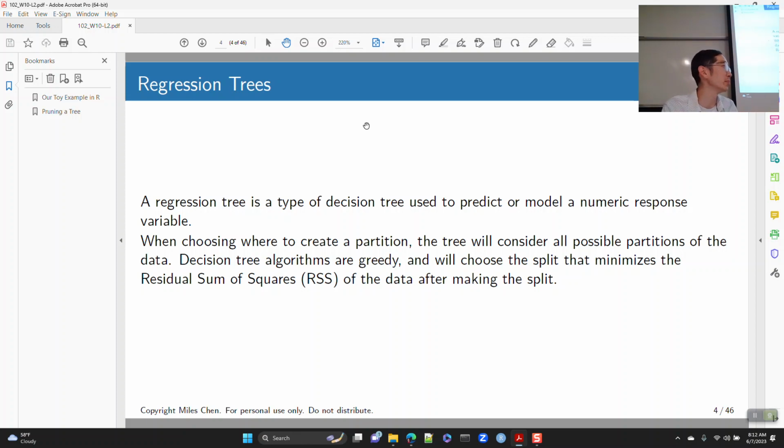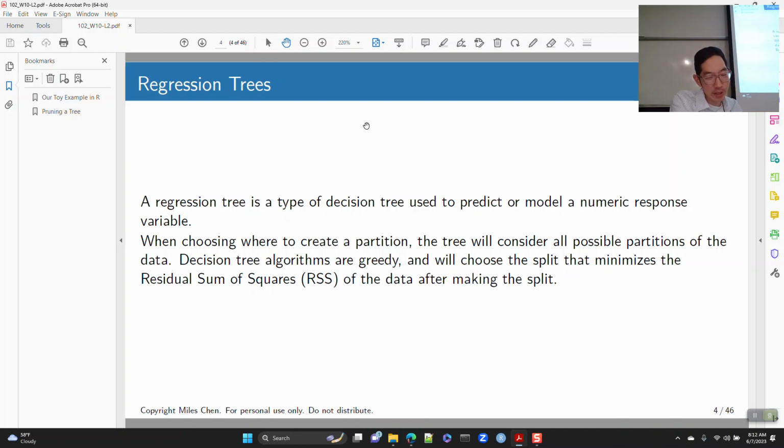Because if you have like 1 million data points, it's going to consider every single possible split, and so if you have 1 million unique values, there's basically 999,999 possible locations for one variable. And then if you have like 100 variables, you have to consider all 100 of them.